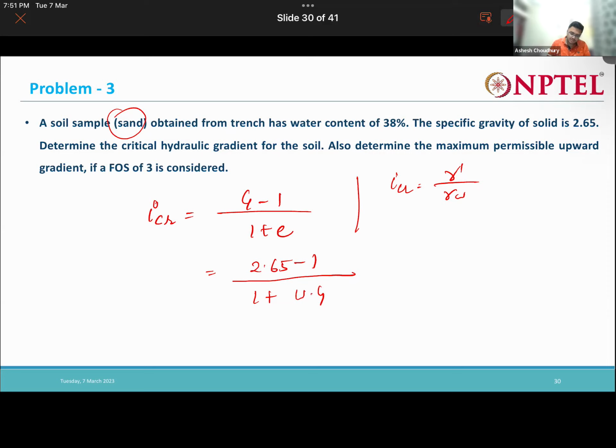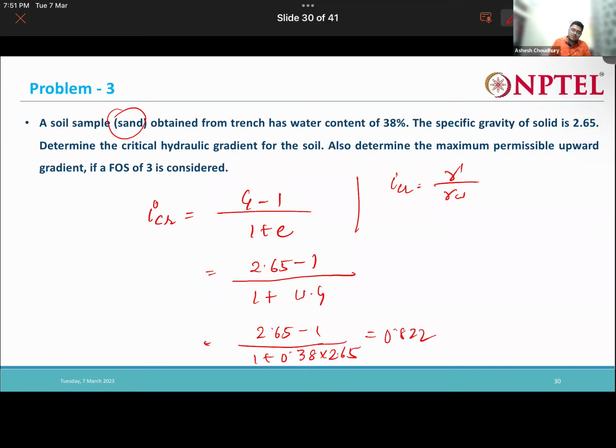Okay, it's saturated, so S will be 1. So (2.65 minus 1) by (1 plus 0.38 into 2.65). This comes out as 0.822.